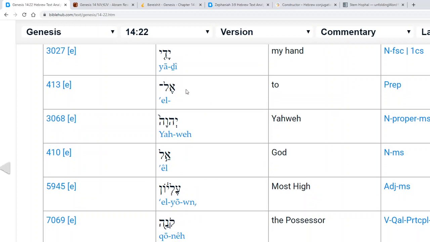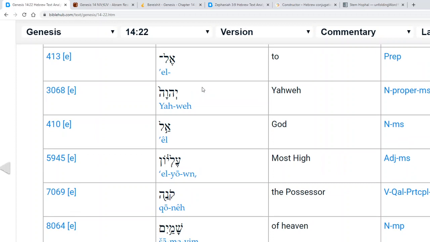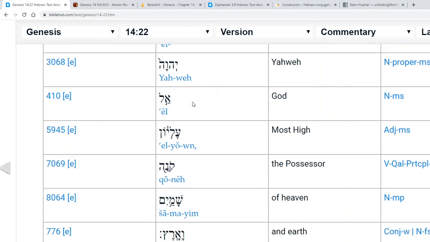And this is the preposition with the aleph. Although, I mean, obviously, right? El Havaya. Here, it's the preposition. Although in other places you might say God Havaya, right? Havaya, the tetragrammaton. Kel Elyon, right?